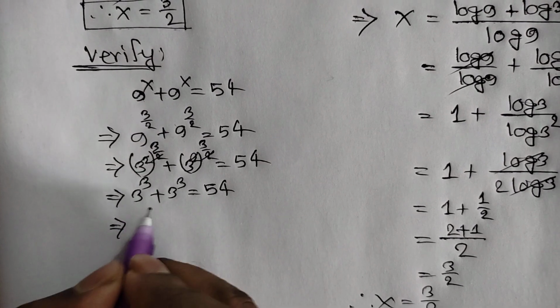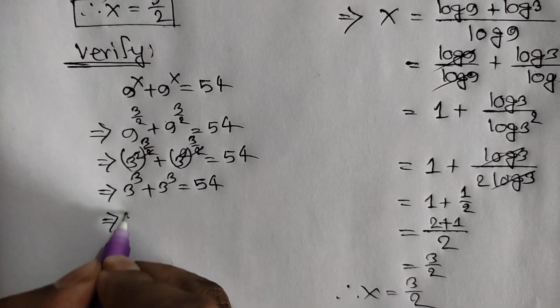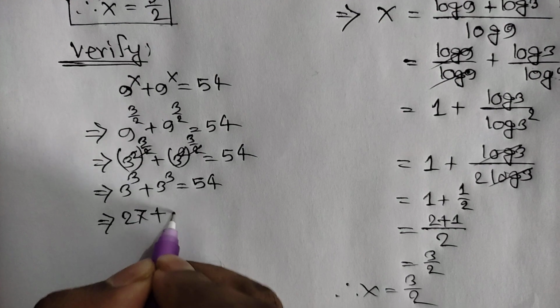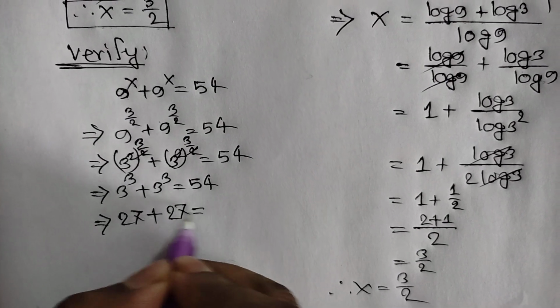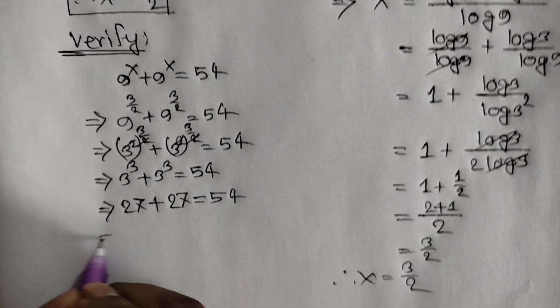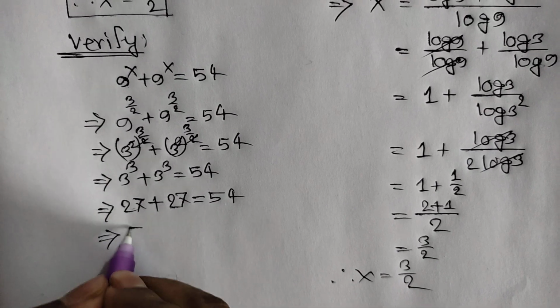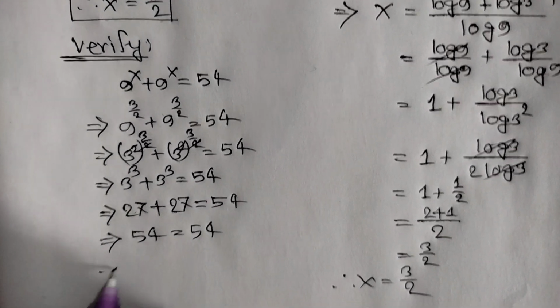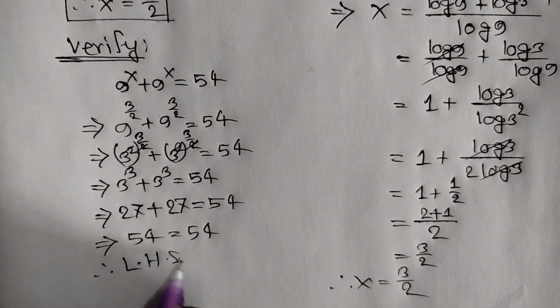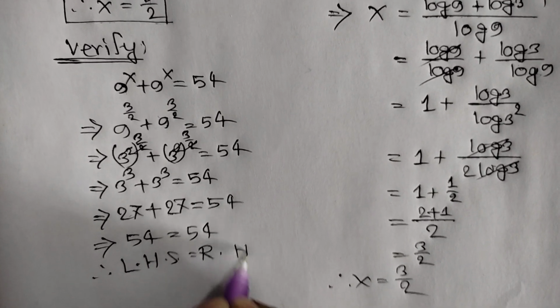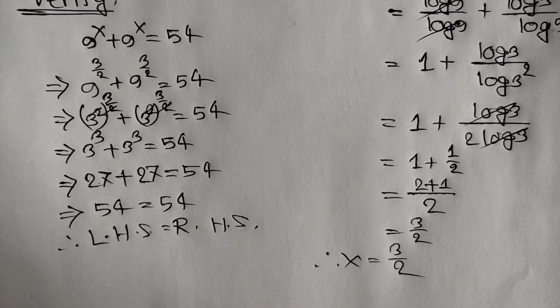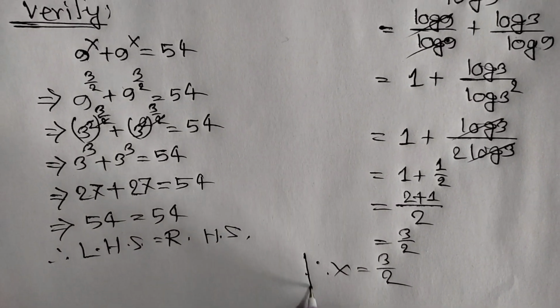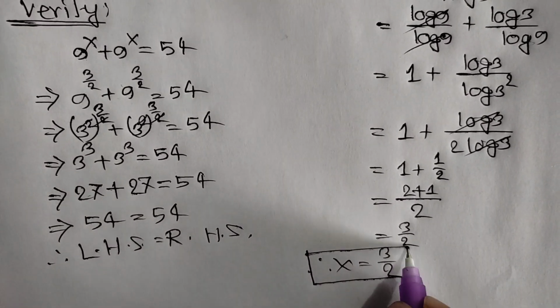Or 3 cube is equal to 27, and 27 plus 27 is equal to 54. So left hand side is equal to right hand side. So the value of x is equal to 3 over 2.